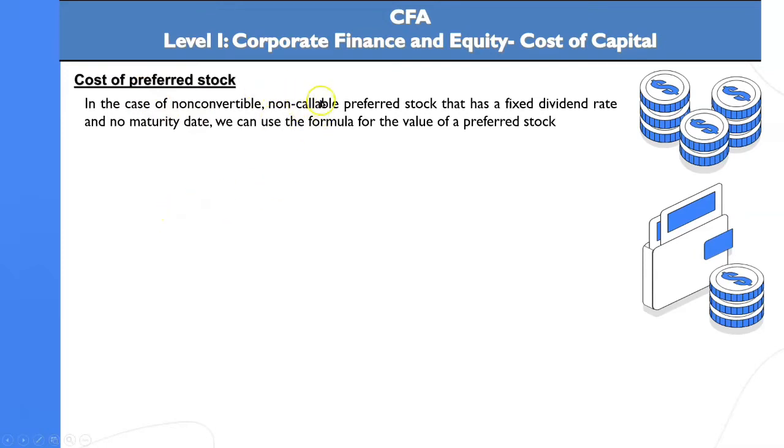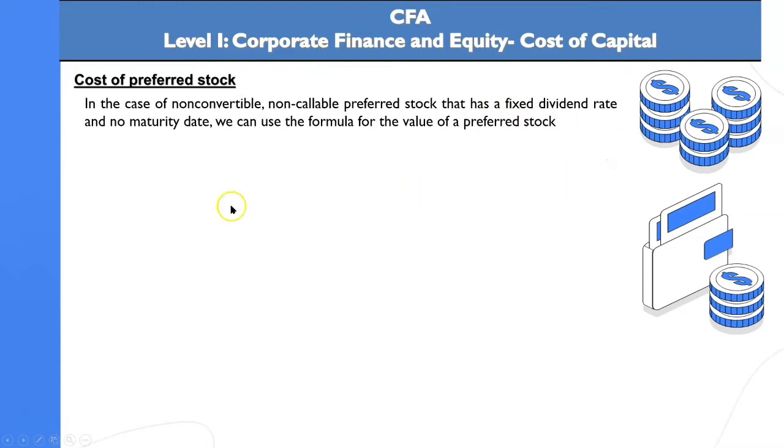And it is non-callable. That means the company has no right to call this option, that is, to repay it earlier than its time. And let us assume also that it pays a fixed dividend of 5%, 4%, or whatever.